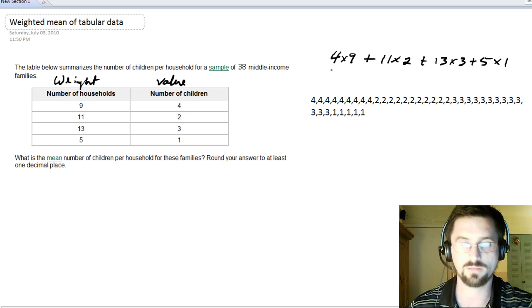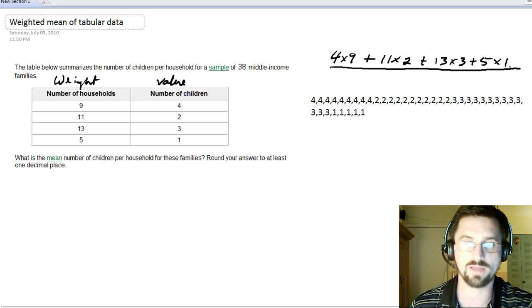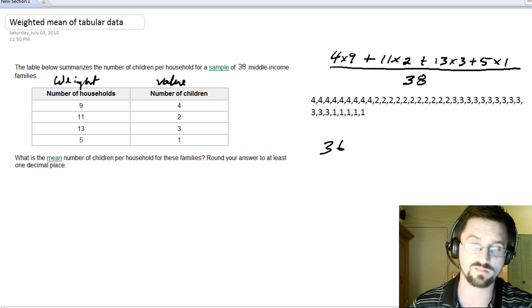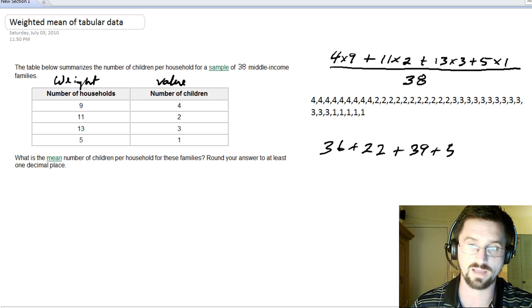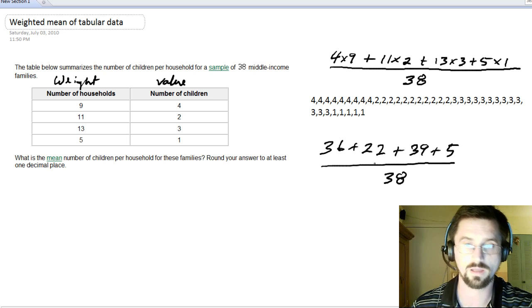And we do that weight times value, and we take that sum and divide it by the total weight, which is equal to our sample size, which is 38. So you would have 36 plus 22 plus 39 plus 5, all divided by 38. Okay? 36 plus 22 is 58.